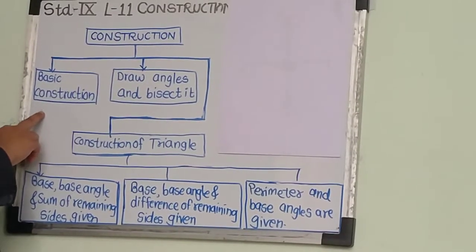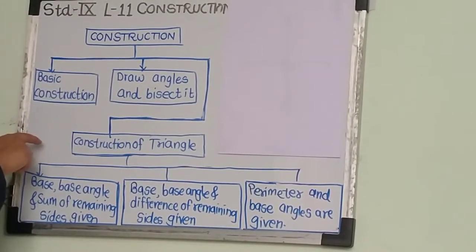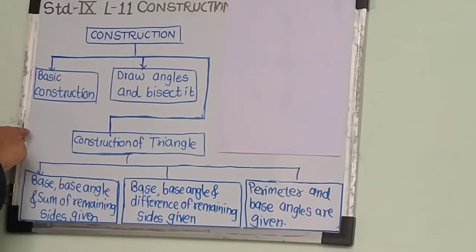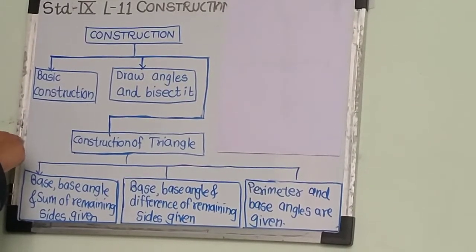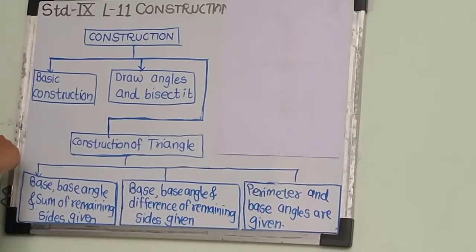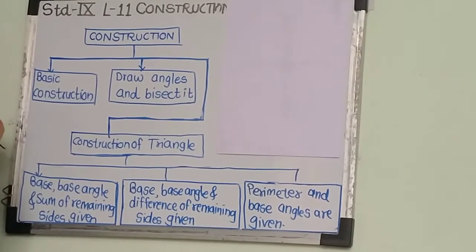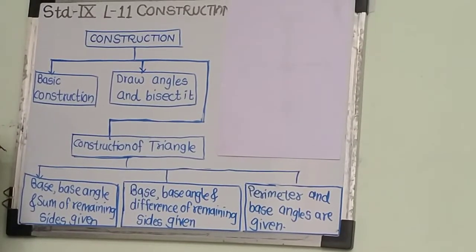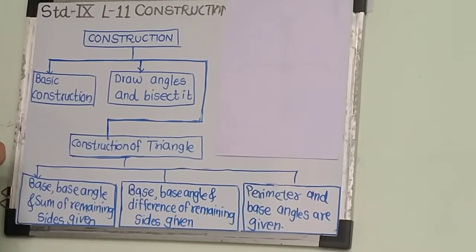So here we are going to see when a line is given and one point outside the line is given, then draw the perpendicular from that outside point. That is the first construction we will learn here.